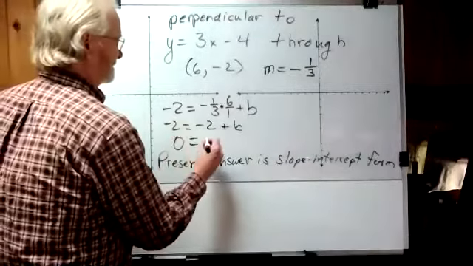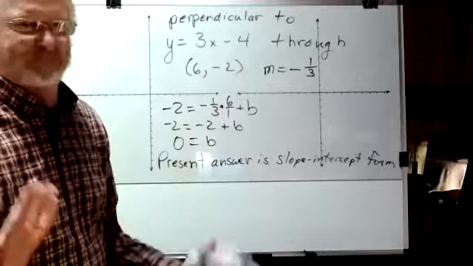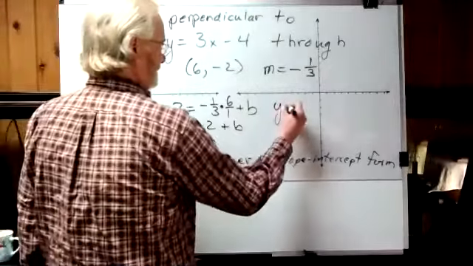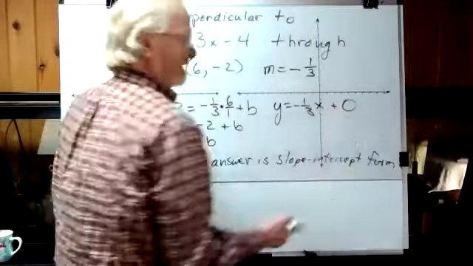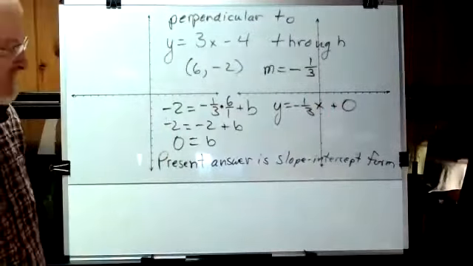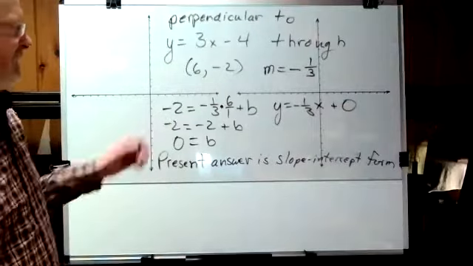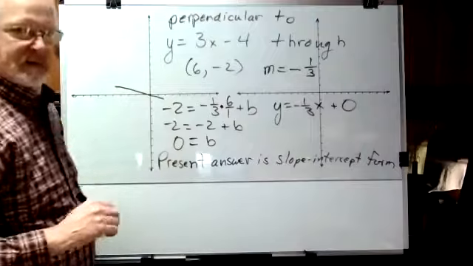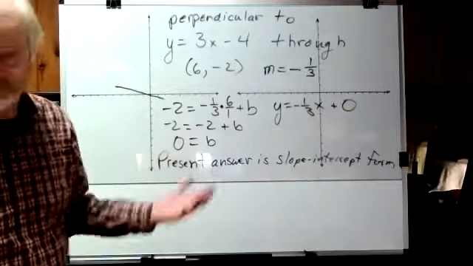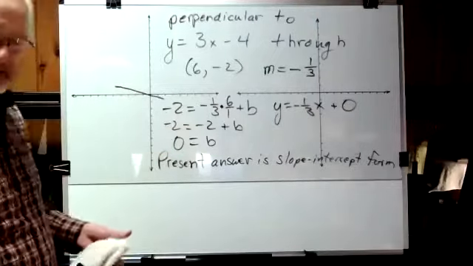So I got y equals -1/3x plus 0. You don't even need the 0. I made up the numbers, and it's just a coincidence that it turned out to be 0, but a y-intercept of 0 means it's going through the origin. Yes, it could happen.